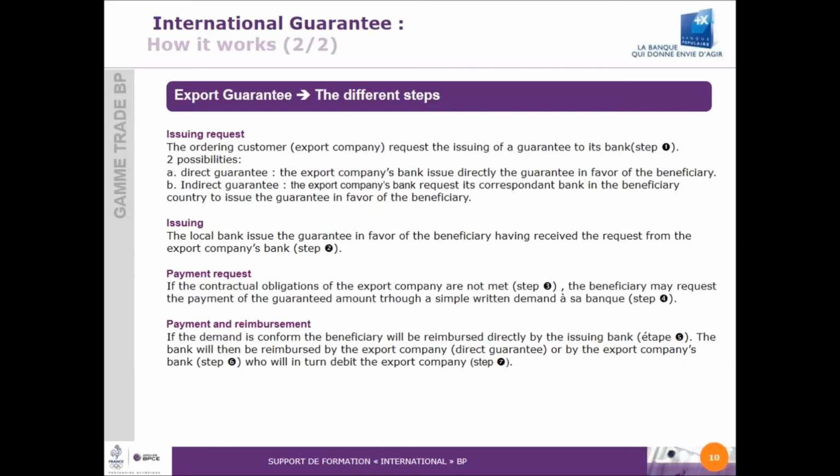The beneficiary asks the local bank to reimburse the guaranteed amount because the export company has not fulfilled its obligation. And this bank will then turn to the export company's bank, who will in turn ask its client to reimburse it.